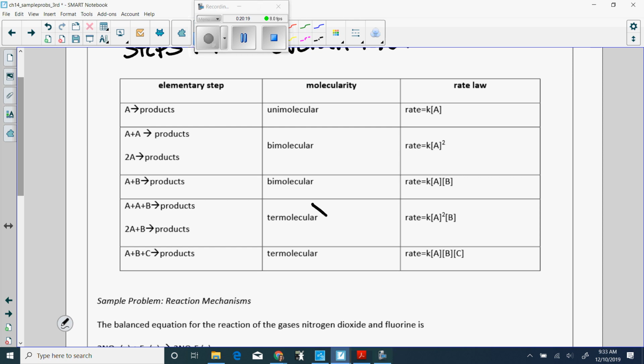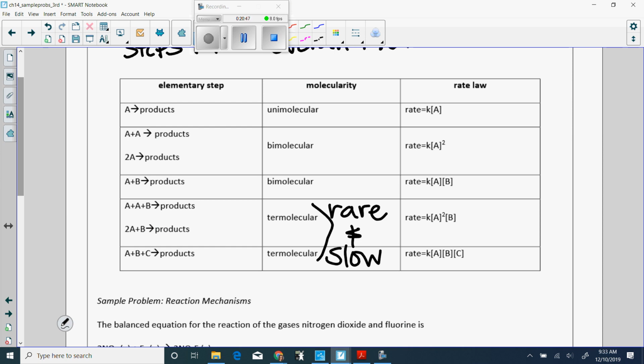If there are 3 of them, they are called termolecular. What you need to know about those is they are super rare and they are so slow. What are the chances that all 3 are going to collide at the same time? Not only collide, but collide in the correct orientation, and all 3 have enough energy to overcome activation energy.